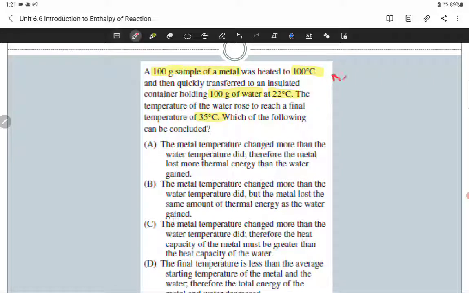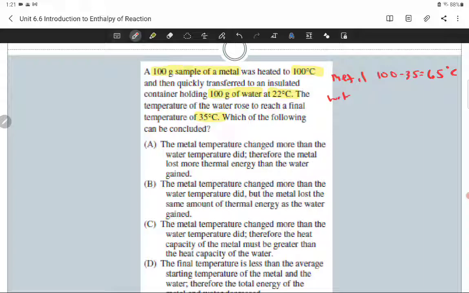So the metal goes from 100 down to 35. I'm just going to leave these both as positive answers here. So what's that? A change of 65 degrees Celsius.